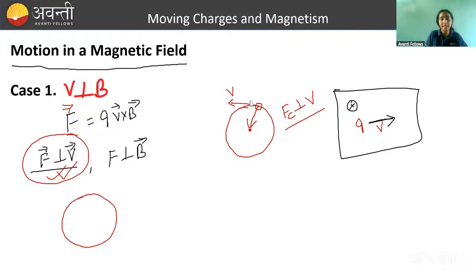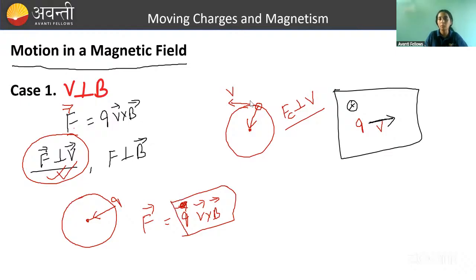So the charged particle inside the magnetic field will go in a circle, because of the force QV cross B. Q is a scalar quantity. This force will be responsible for providing the centripetal force. But we need to locate the center of this circle.